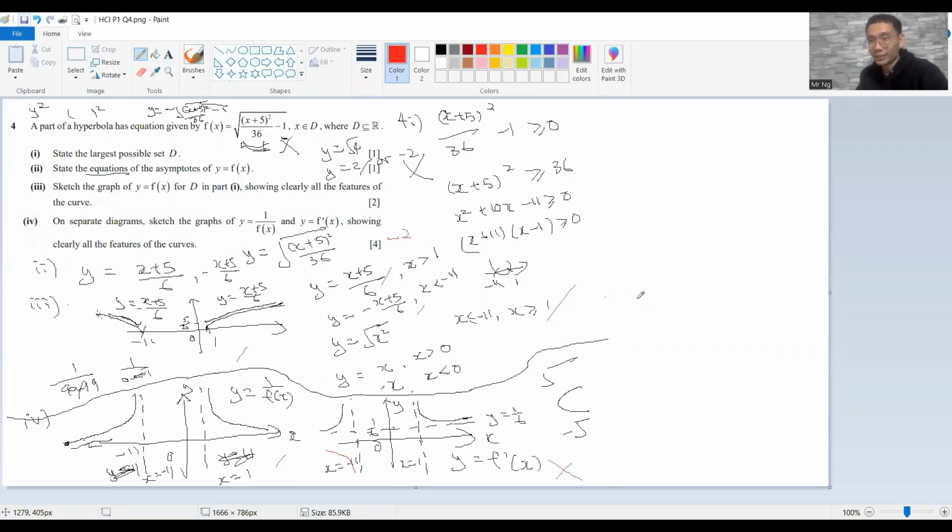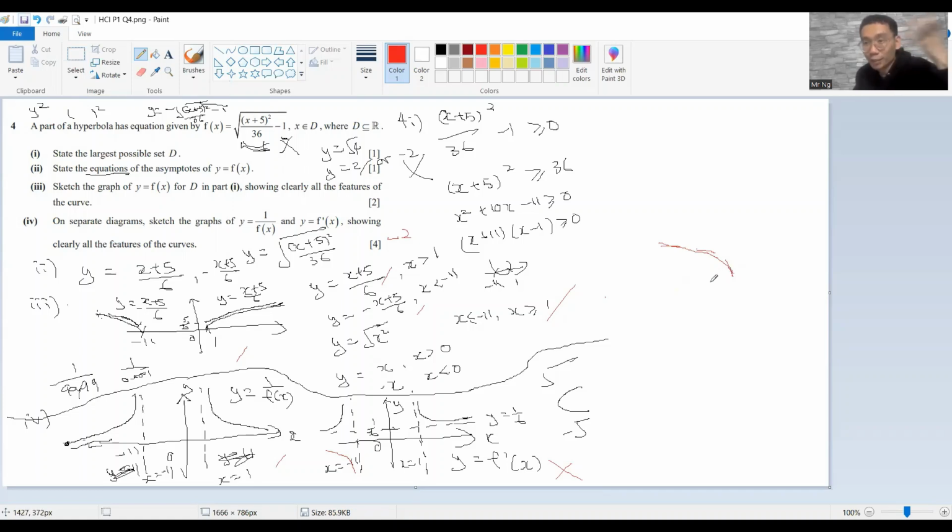Try to understand the graph, the gradient of the left side of the graph. Sorry, not this graph, the part 3 graph. This gradient is negative, then more negative, then very negative.